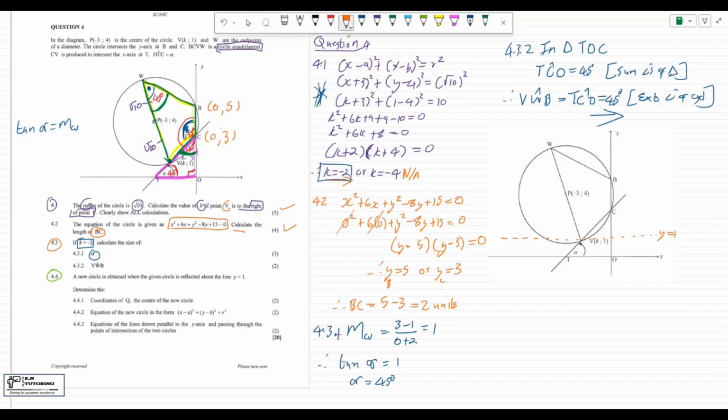Okay. So we know that the x value will still be the same there. So q, the x value will still be minus 3. But the question is, what will be the y value? Now look at this. Remember the k here. Okay, we are looking at the y. So remember from the origin to this line, it was how many units?